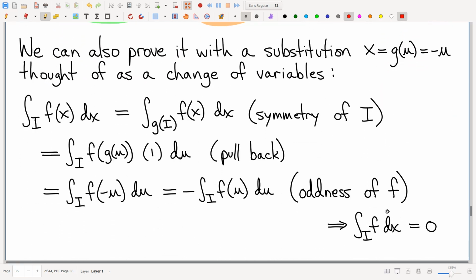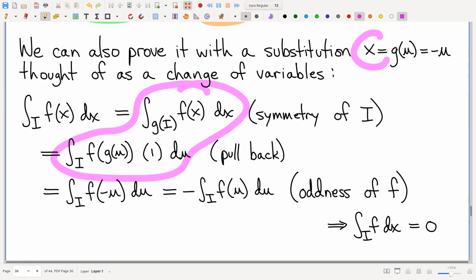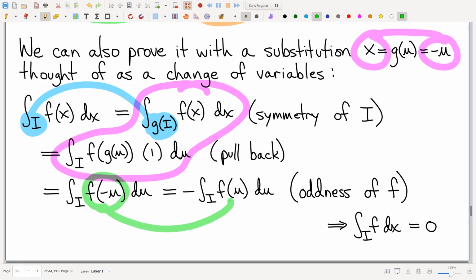Here's a different point of view concerning substitutions. This is a pretty cool trick. You may have seen this before, but this substitution where x is minus u is the trick that ultimately makes it work. Just plugging in x equals minus u. Now notice I'm capitalizing on the fact that the domain is its own reflection, and I'm also capitalizing on the fact that the integrand is odd.